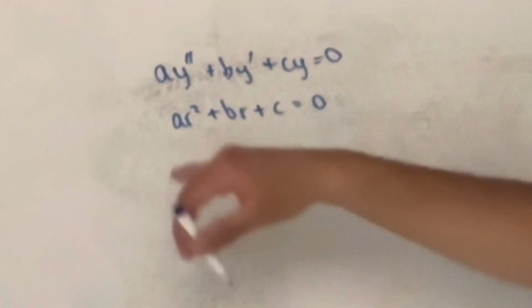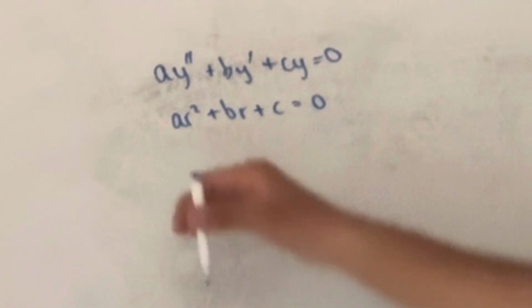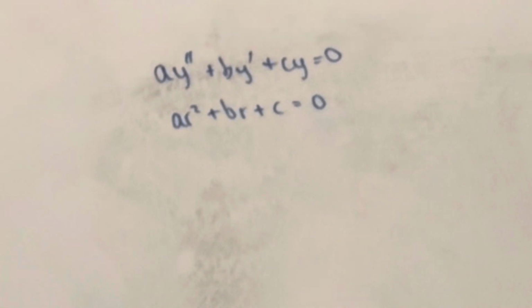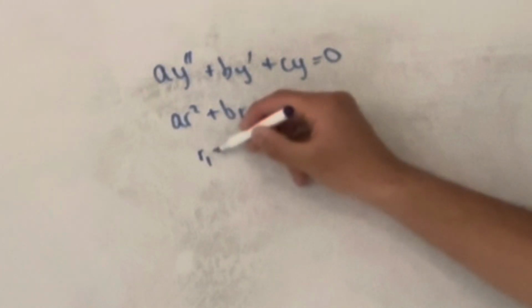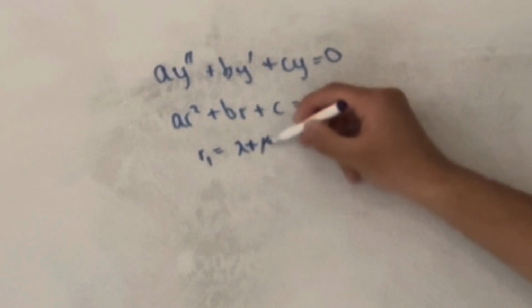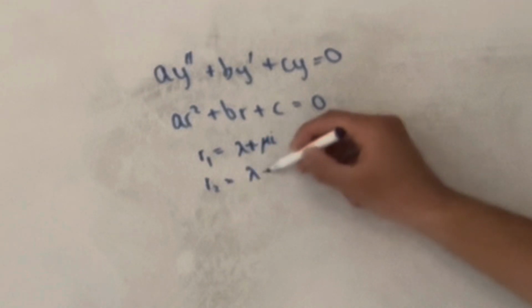The B was 0, A was 1, and the C was also 1. And if you work it out, if you create the characteristic equation, you'll see that, of course, the solutions are not real. They're in fact imaginary. And when the solutions are imaginary, we can write them in this form: R1 will be lambda plus mu i, and R2 will equal lambda minus mu i.